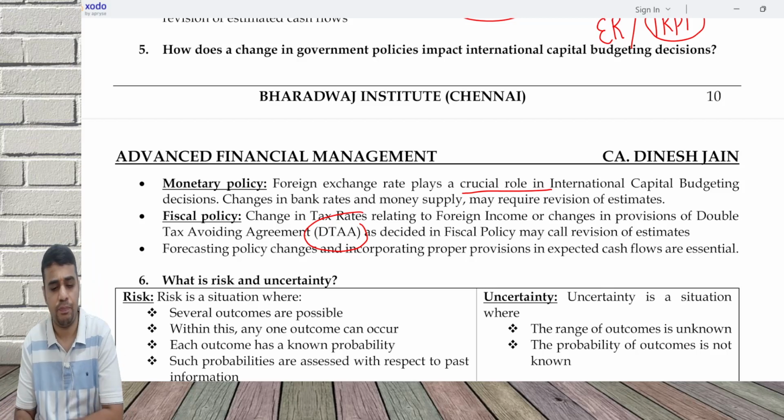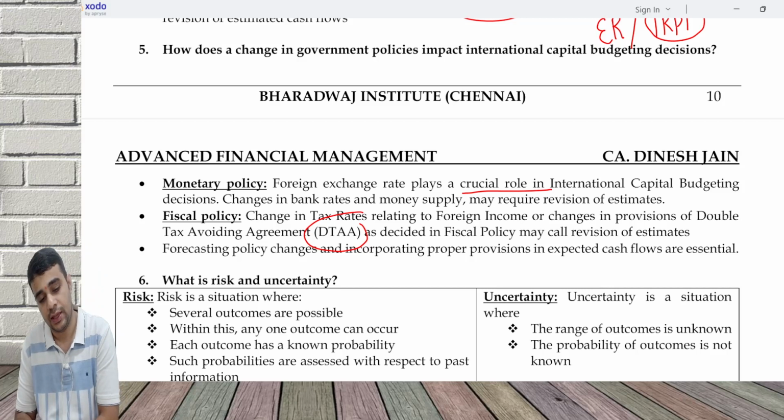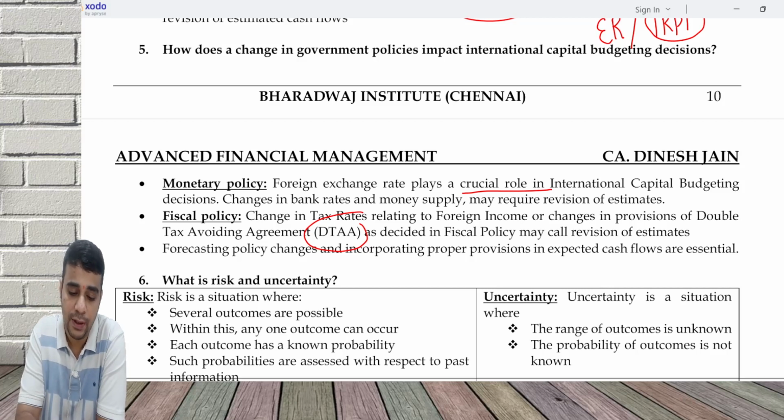The very important point is every organization should somehow factor this into their decision making, and they should go for proper forecasting of what are the likely changes which are going to be there. So forecasting the policy changes and incorporating proper revisions are crucial.